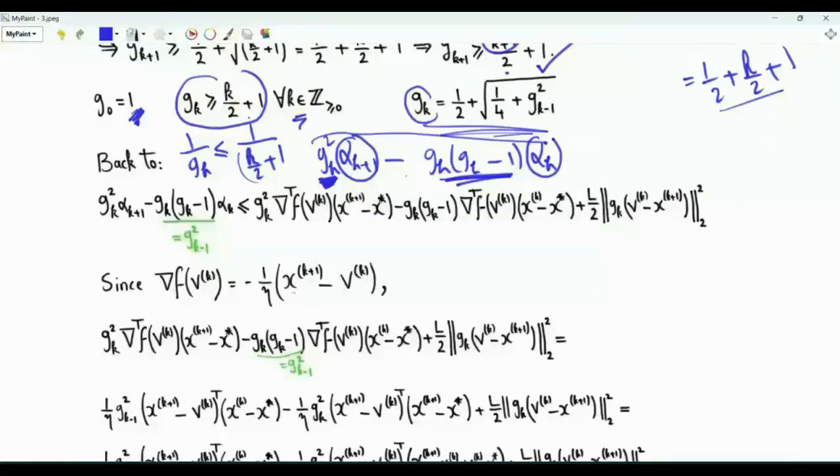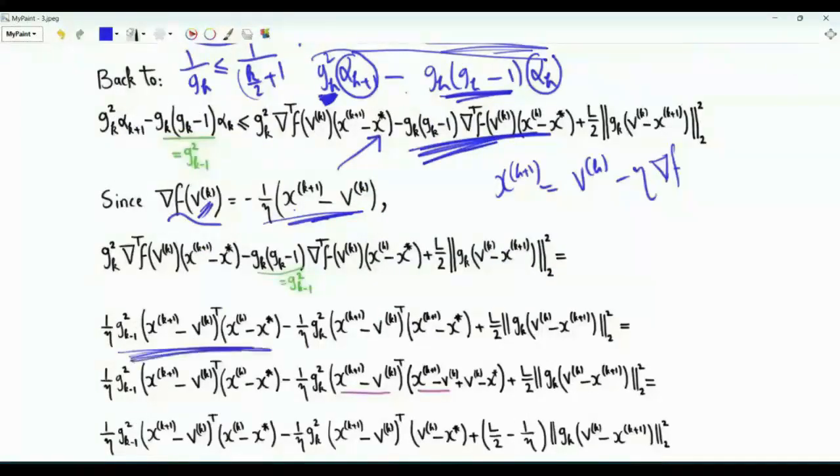Rewrite the update equation for vector x such that we obtain an expression for the gradient vector evaluated at v_k. x_{k+1} is equal to v_k minus eta times the gradient vector. So the gradient vector is minus 1 over eta times x_{k+1} minus v_k. We can insert this here in the right-hand side of the inequality. This term is here.